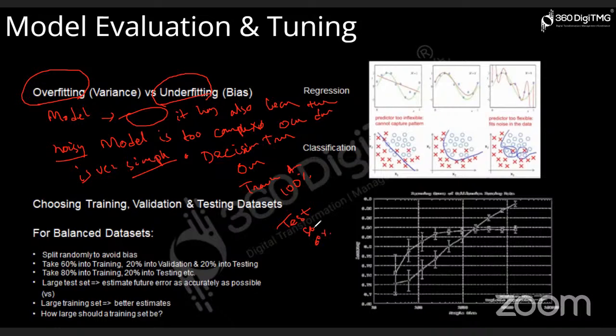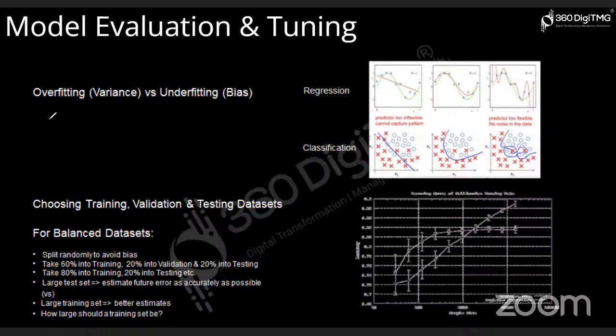So on training data, we are having 100% accuracy, but when we test on test data, it reduces to around 50, 60%. So it is not good. This kind of model is not good for our training. So this happens when the model is too complex for the data.